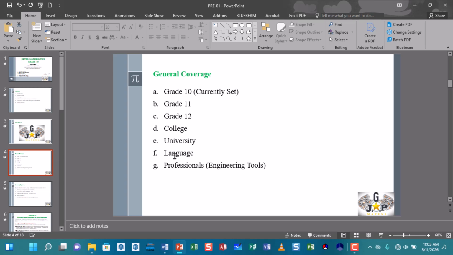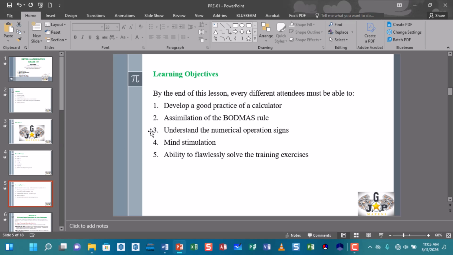So for this lesson today, as I said in the beginning, for what we're going to tackle today, basically, the learning objectives are very simple.